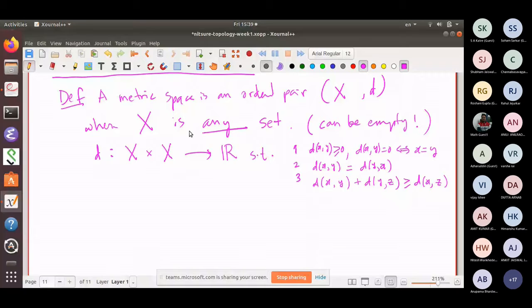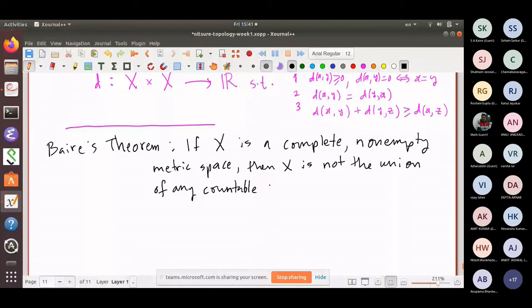If X is a complete non-empty metric space, then X is not the union of any countable family Y0, Y1, Y2, blah, blah, blah, of nowhere dense subsets.